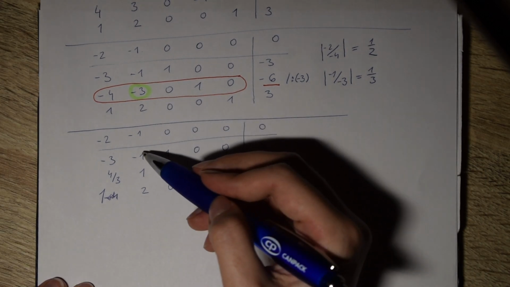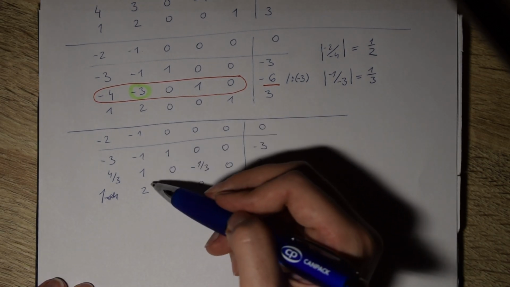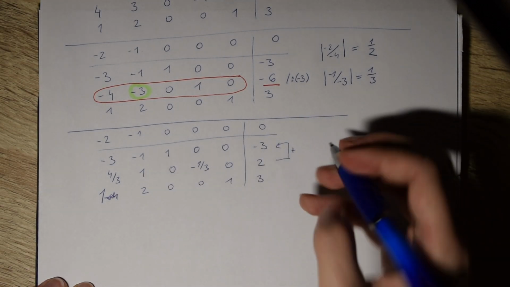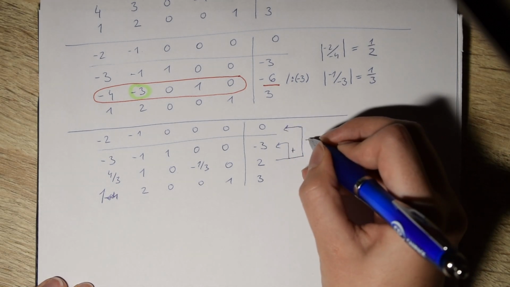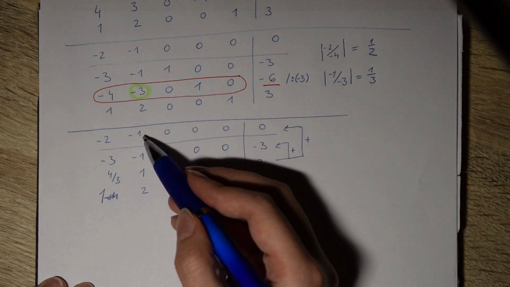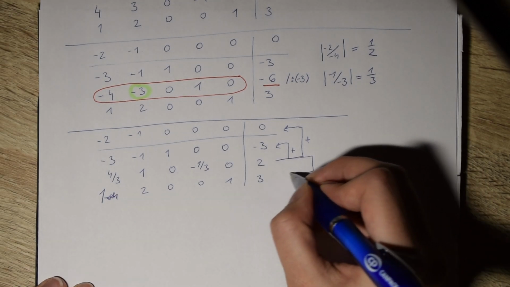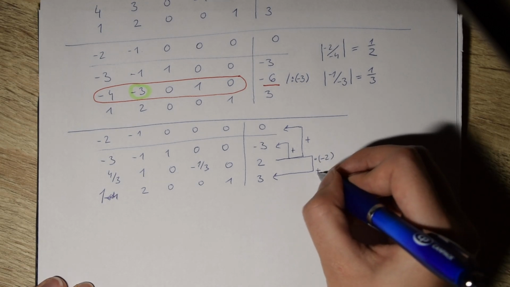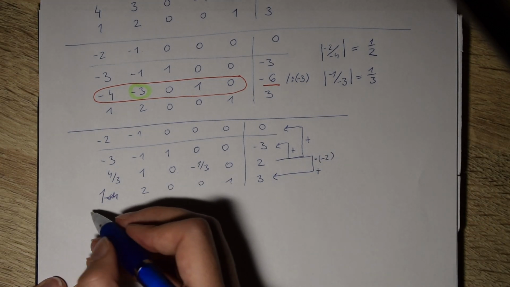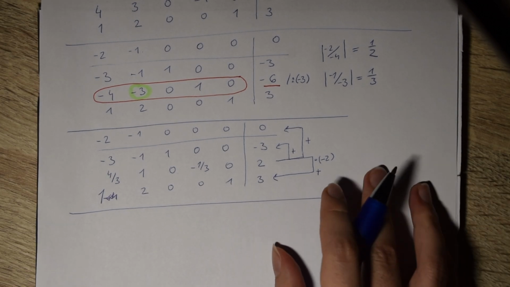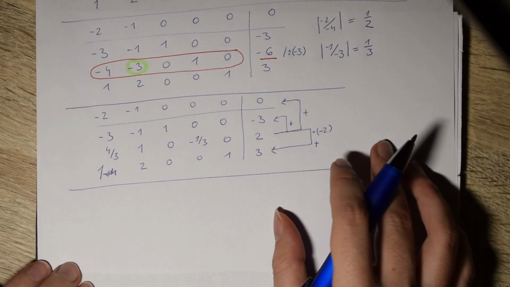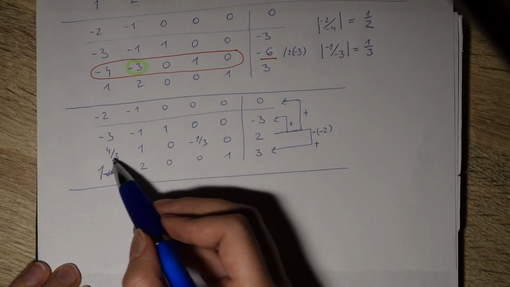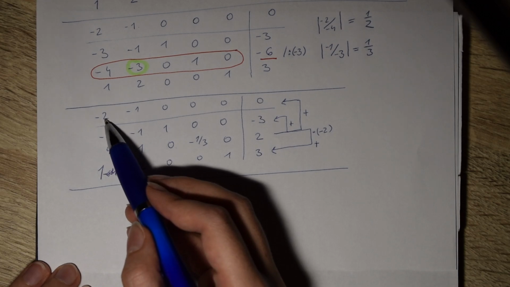Okay, so now we had here 1 and we want 0 here. We add the third row to the second row and we get 0 here. We add the third row to the first row and we get 0 here. And we multiply the third row by -2 and add to the fourth row. 4/3 plus -2 is -2/3.